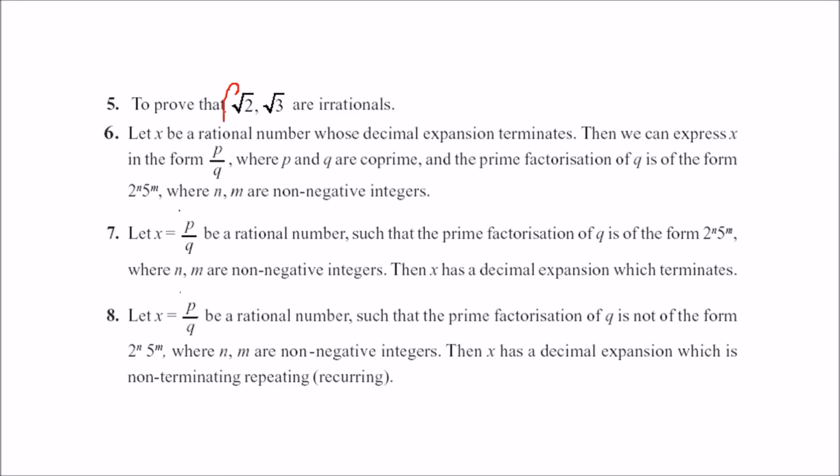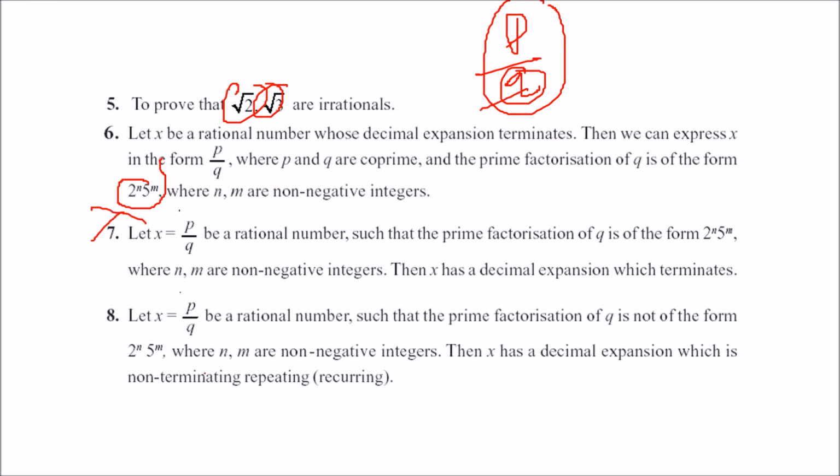We have proved root 2 and root 3 to be irrational by the method of contradiction. About termination and non-termination, for p by q, if q can be represented in the form 2 to the power n, 5 to the power m, we say that this decimal expansion is going to terminate. If q is not in the form 2 to the power n, 5 to the power m, then x is non-terminating, repeating, or recurring.